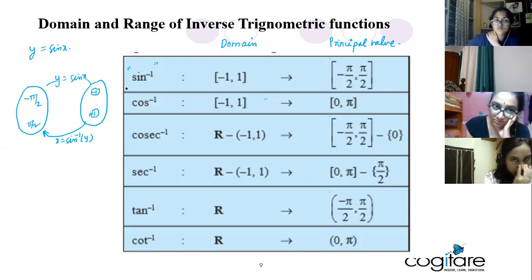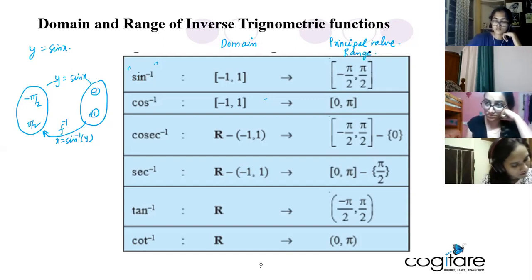So in terms of the inverse, whatever domain restriction we placed on the trigonometric function y is equal to sine x becomes the range. This is also called the principal value. So whenever you are doing the sine inverse of x, whatever angle you get should not be beyond this. Otherwise you are wrong.